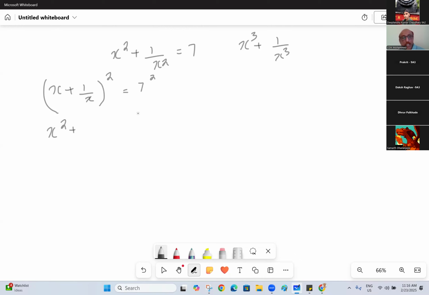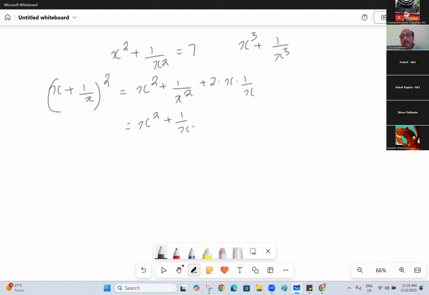Okay. So x plus 1 by x the whole square is equal to x square plus 1 by x square plus 2 into x into 1 by x. So x square plus 1 by x square plus 2, that is x plus 1 by x the whole square, correct?